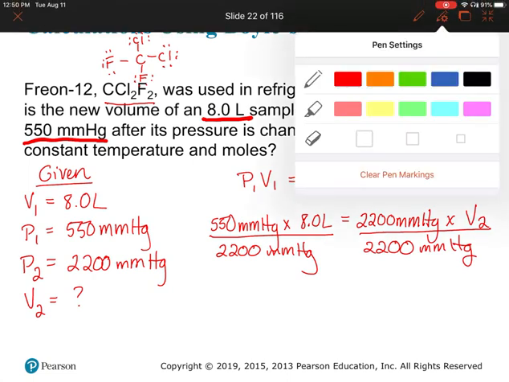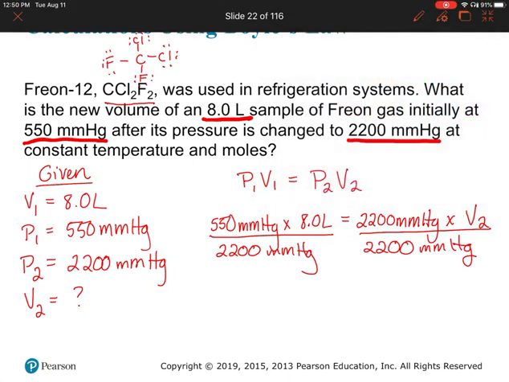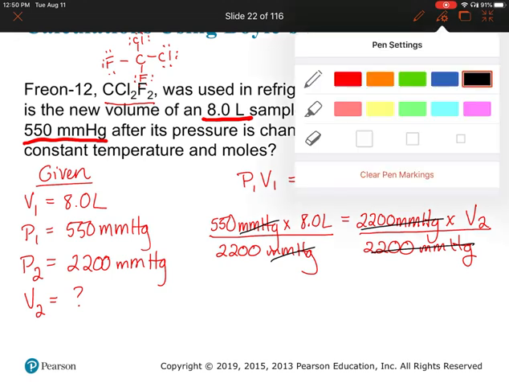Okay, so now let's check that our units all cancel. The 2,200 millimeters of mercury cancels on the right, and that same unit cancels on the left. So now we're just going to multiply 550 by 8 and divide by 2,200, and our final unit will be liters.